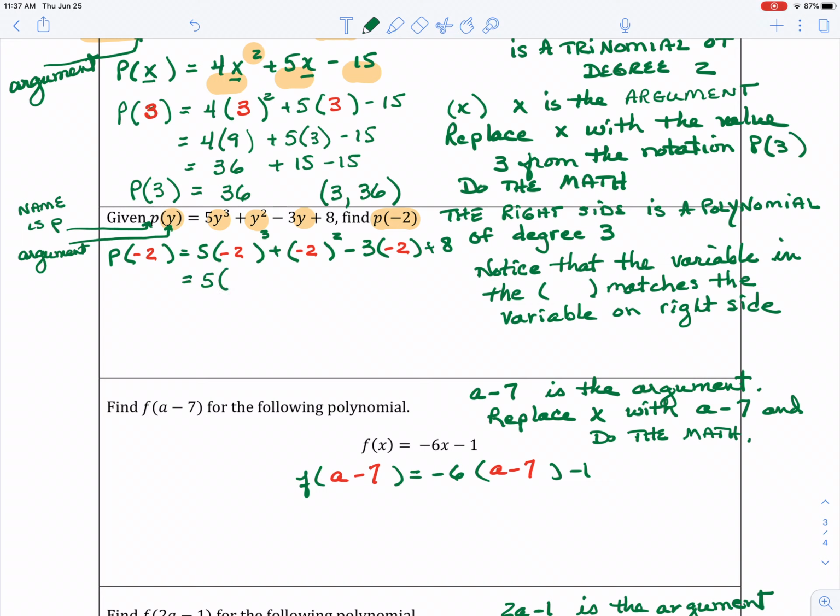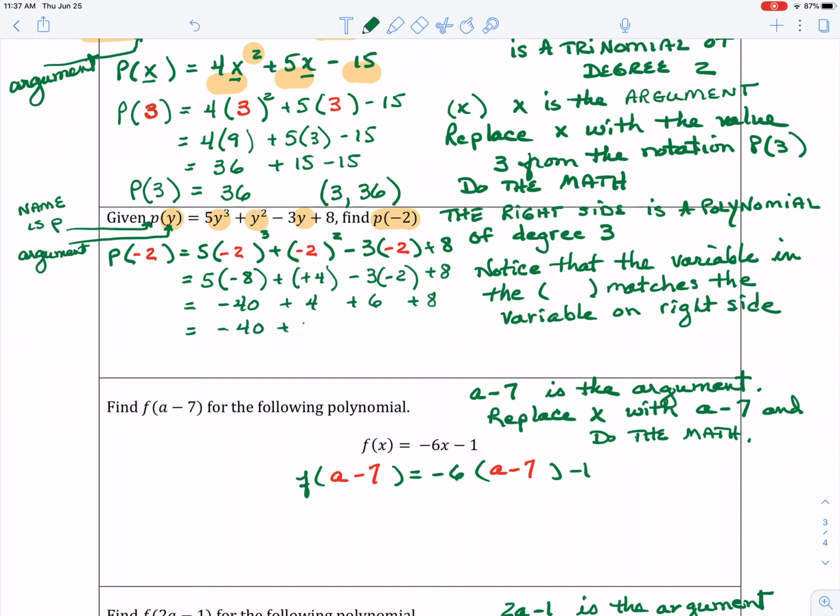Remember to do the raising to the powers first. And I'll hold off on this multiplication for a minute. And finally, I'll do the addition and subtraction at the end.